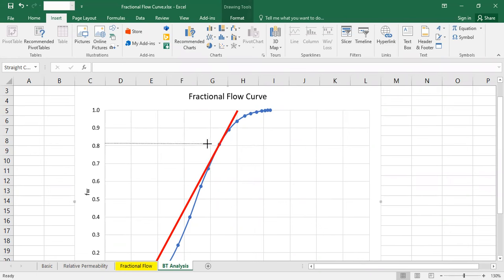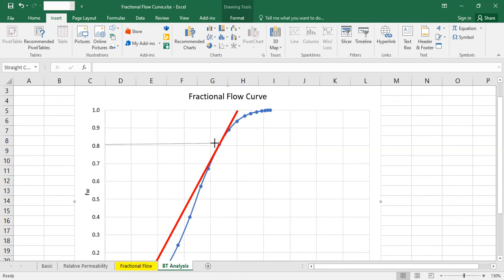No need to be very, very accurate, because at the end of the day this analysis has uncertainty. There is no way one set of relative permeability data that you use to construct the fractional flow can represent the entire reservoir.